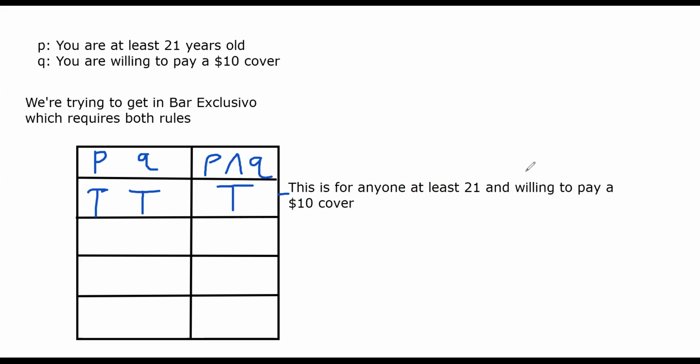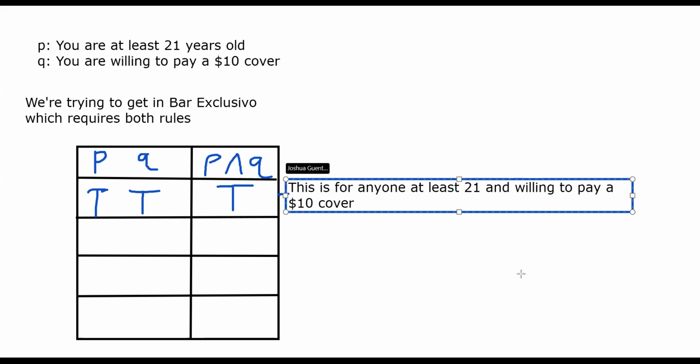Yeah, exactly. Because P is the statement you're at least 21 years old, and we're saying that's true here. Thus, you're at least 21 in this particular example. Which is why if we look at some of the next lines, we'll deal with that situation.